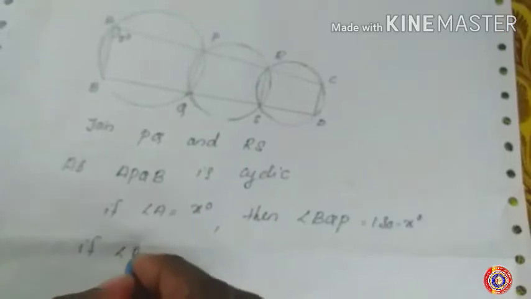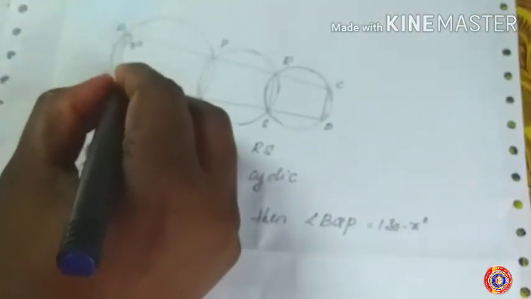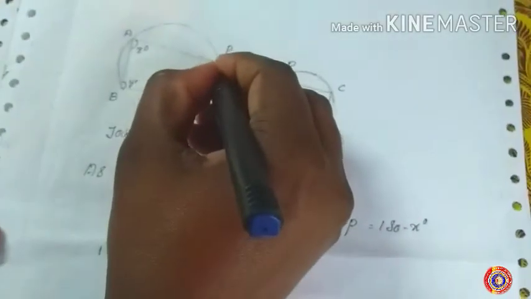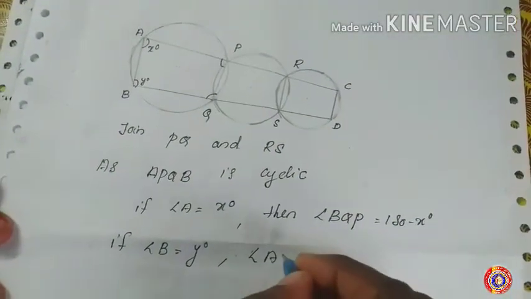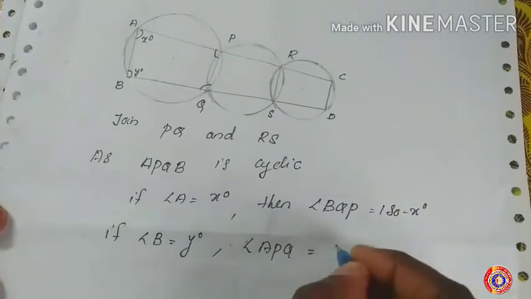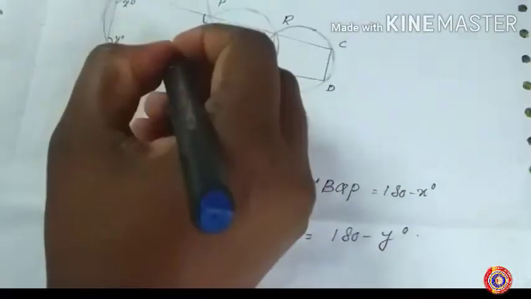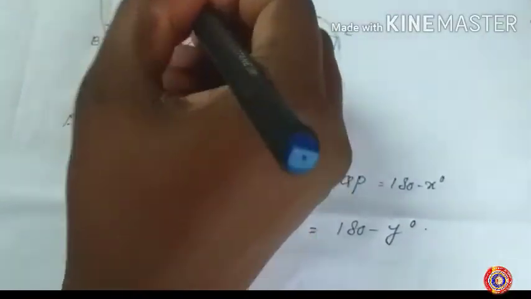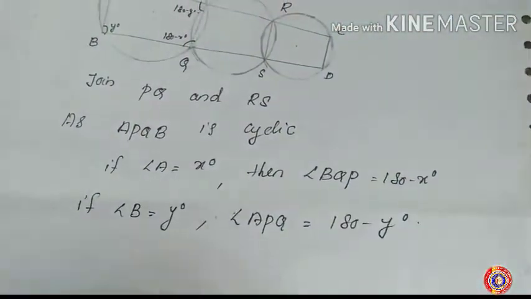If angle B equals y degree, then angle APQ is equal to 180 minus y degree. Okay, is it clear for you? 180 minus x degree and 180 minus y degree.